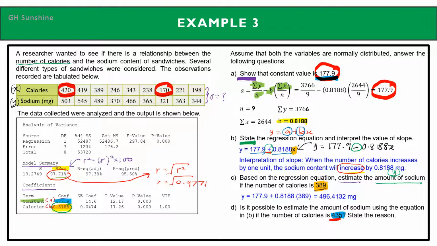So look at here, 435 exceeds the maximum value of the number of calories from the actual data. Therefore, no, it is not possible because the value of 435 is out of range of the given data. You can estimate, you can predict, or you can forecast if the value of x is within the range of the actual data.